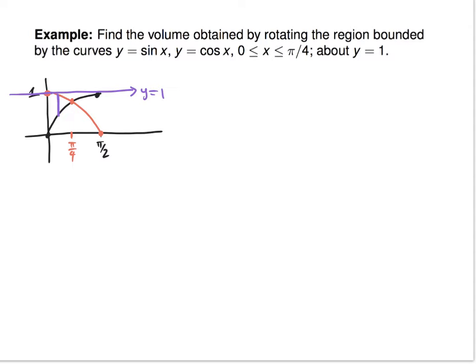So in that case, who is the outer curve, sine or cosine? Does that make sense? It'd be sine. Relative to y equals 1, sine is outside. Do you agree? If we were spinning about the x-axis, then cosine's the outer curve, right? But because we're spinning about the line y equals 1, sine's the outer curve. Okay, 0 to pi fourths are our bounds. We'll have r out squared minus r in squared.